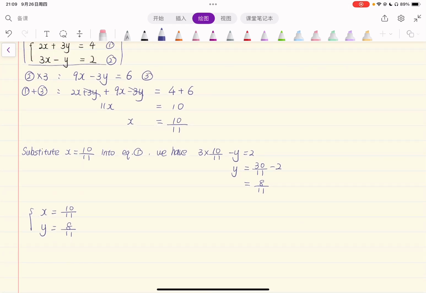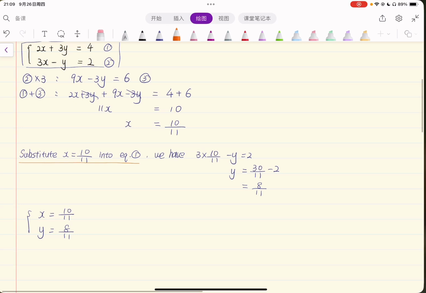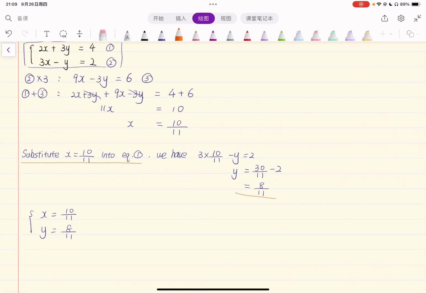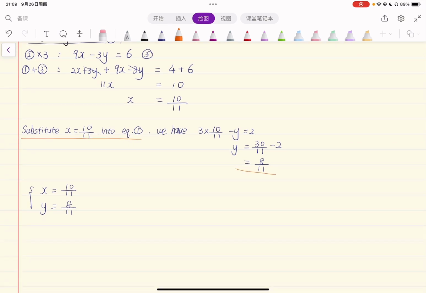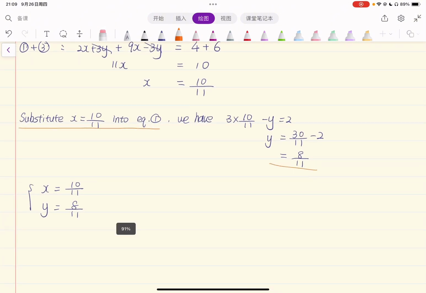Now we know that it is true for equation 1, since we substituted the x value into equation 1 to get the value of y. What we need to check is whether it works for equation 2. So check.